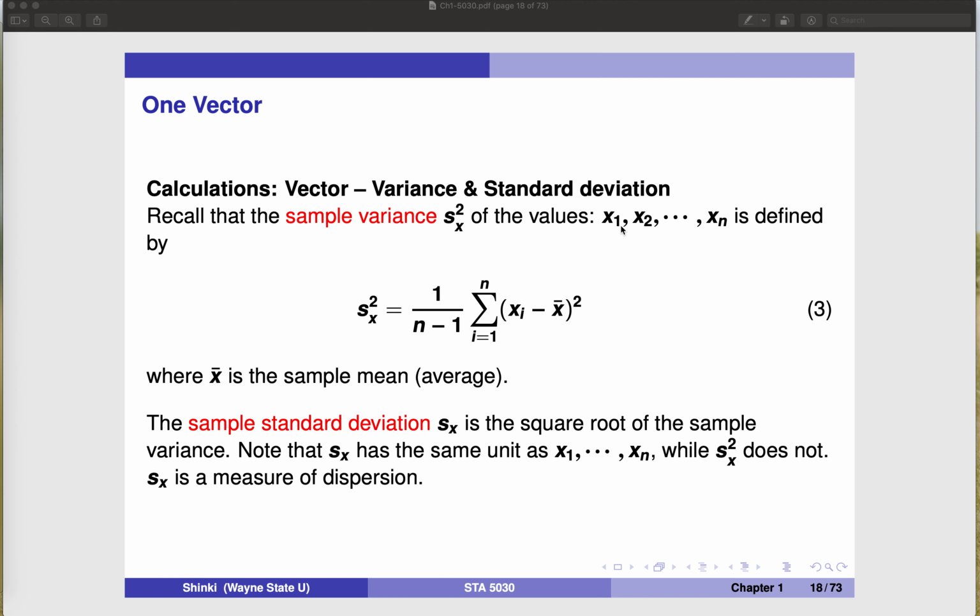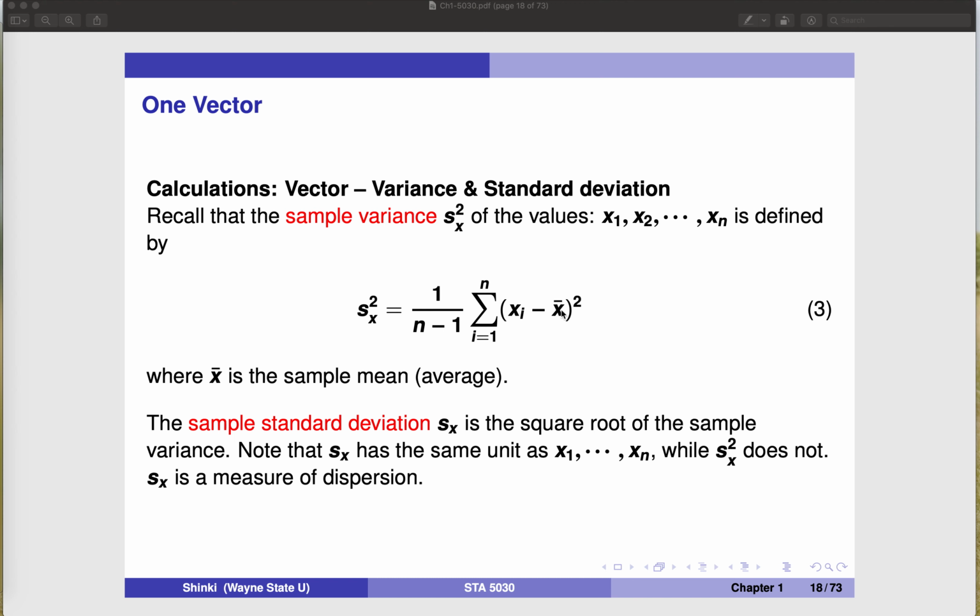So suppose that we have observations x sub 1 to x sub n. So these are, for example, the weights of n different babies. Then sample variance S sub x square is defined as 1 over n minus 1 times the summation of xi minus x bar square.